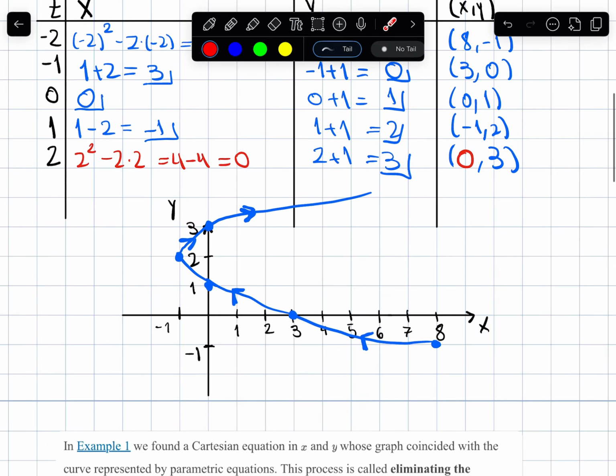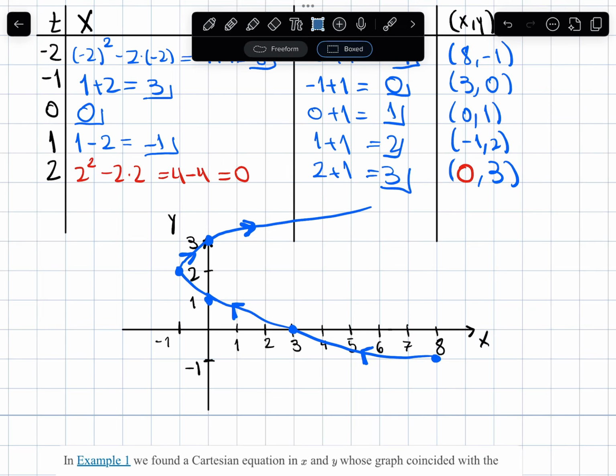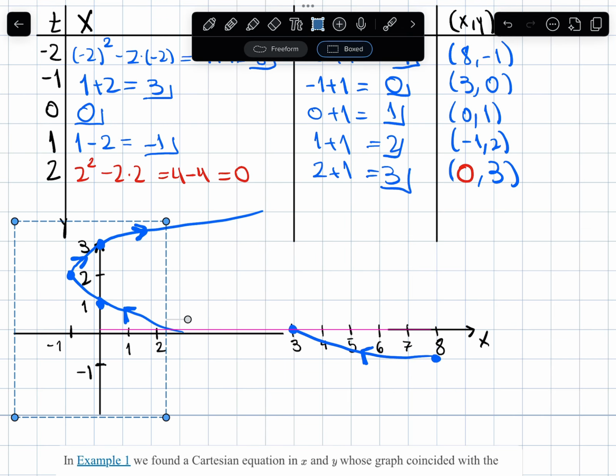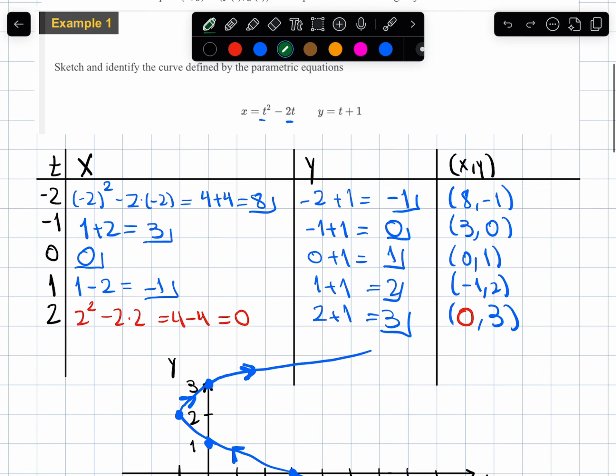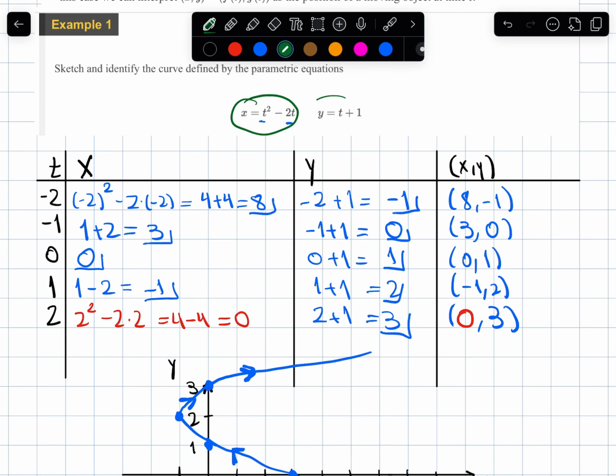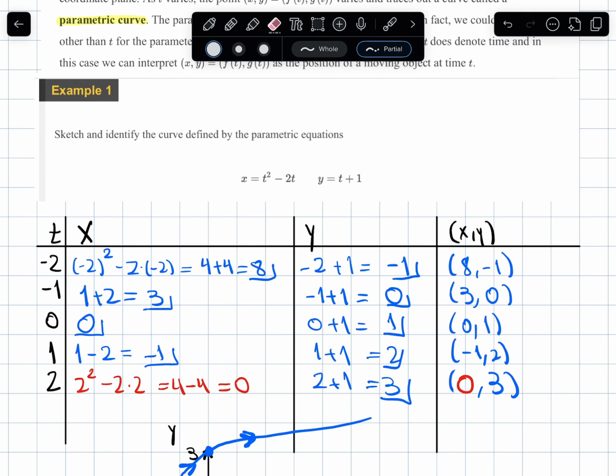Another thing, as I've said, that we can do is making sure, let me actually work on this a little bit on the side here. If I go back and I look at this pair of equations, here's one thing that I can do. I can look at this equation and see that if I move this 1 over to the left side, I'll get that t is y minus 1, right?